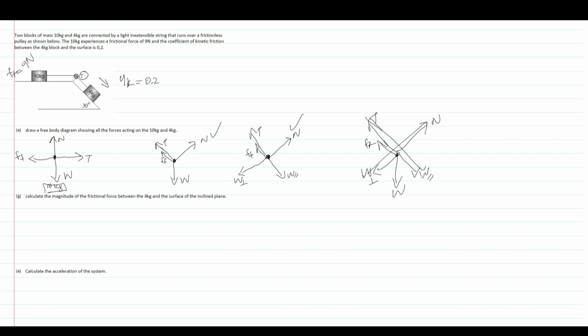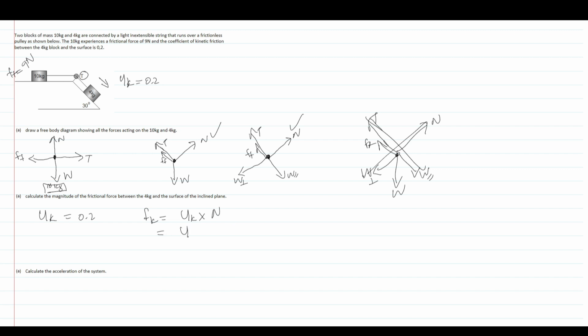So we move on to the second question, which says calculate the magnitude of the frictional force between the 4 kg block and the surface of the inclined plane. So we are given the coefficient of kinetic friction, which is 0.2 on the 4 kg block. And we're going to make use of the formula which says Fk is equal to mu k multiplied by the normal force.